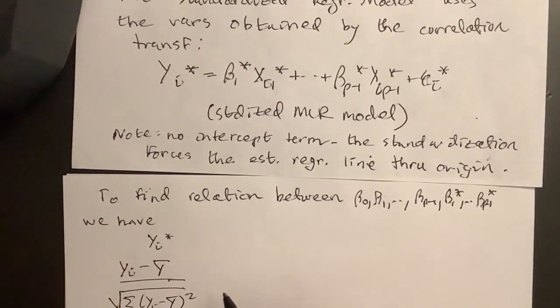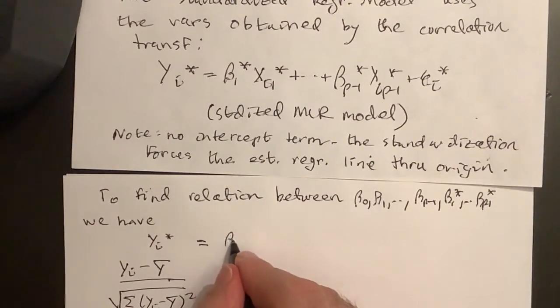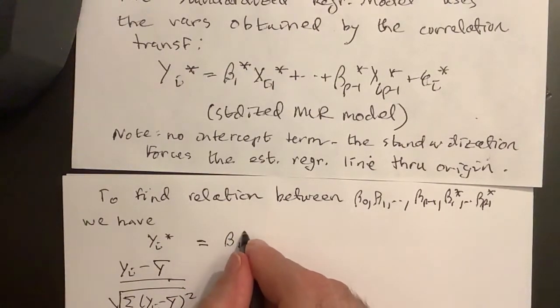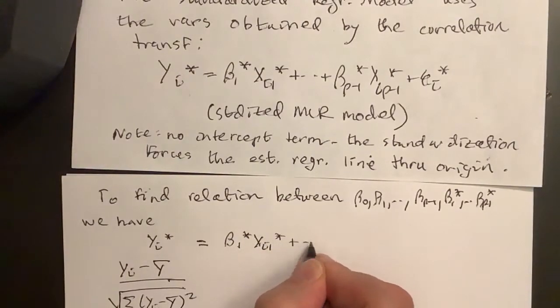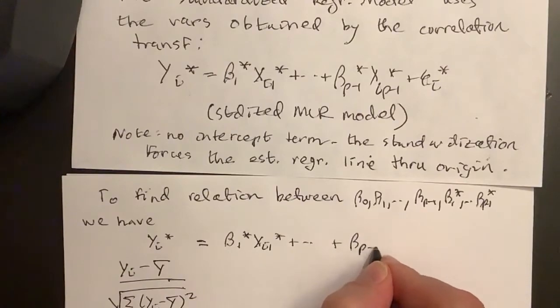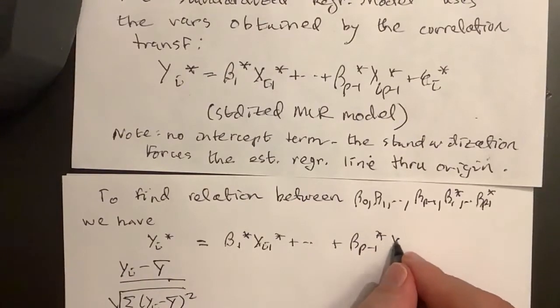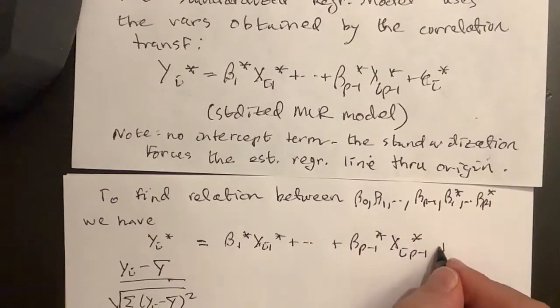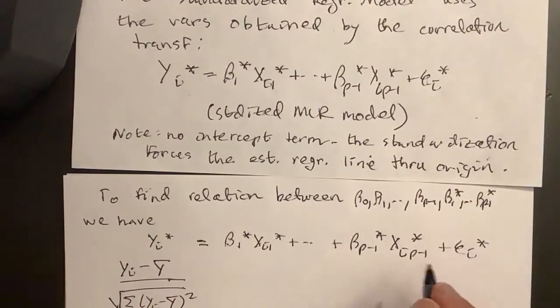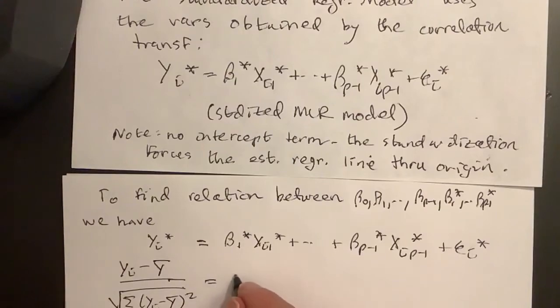Okay, so we have that is equal to, now over here I have beta 1 star xi1 star plus. So let's write this on this side with the summation notation to make it a little less cluttered. So this is equal to the summation k equals 1 to p minus 1.